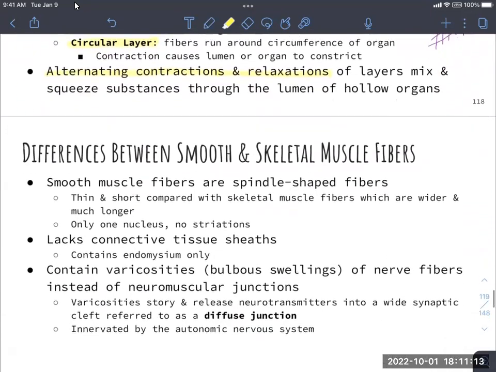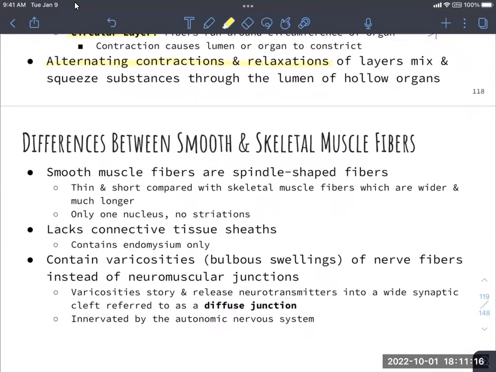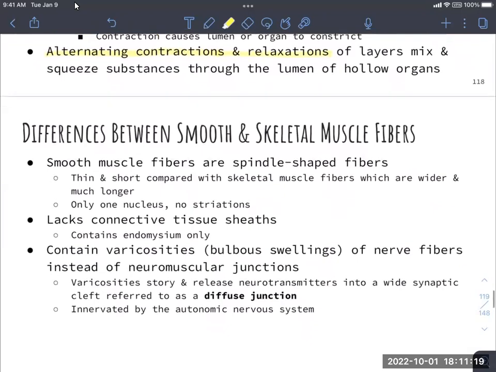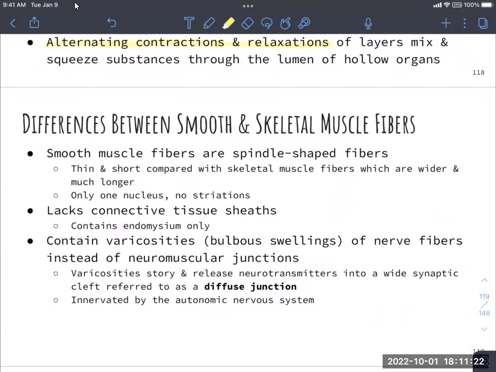I talked about the fusiform spindle shape kind of fiber. They're thin and short compared to skeletal muscle. They have one nucleus and there's no striations. They do not have those connective tissue sheaths. They only have that endomysium. They have what are called varicosities, or these bulbous swellings of nerve fibers, instead of that neuromuscular junction.